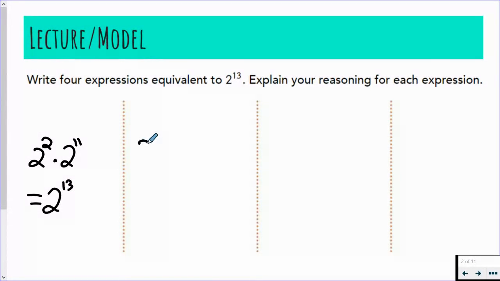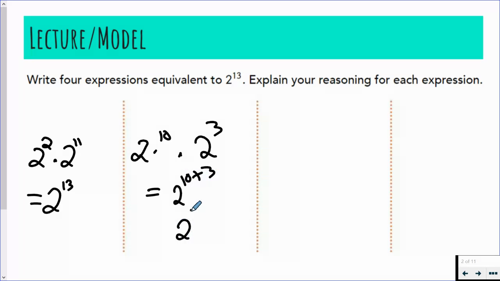I could also, really any combination of numbers that equal 2 to the 13th. I could have 2 to the 10th multiplied by 2 to the 3rd. That would also give me 2 to the 10 plus 3, which is 2 to the 13th. So those are ways I can use my multiplication or my product rule.